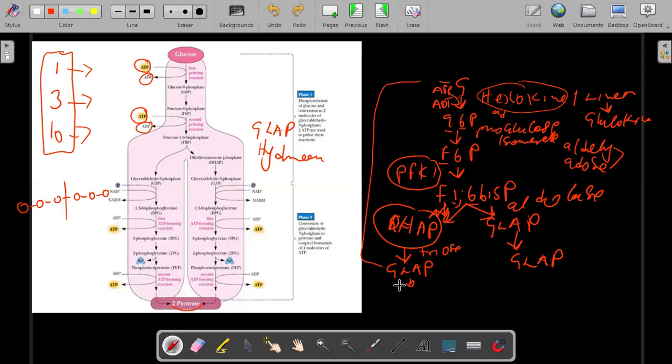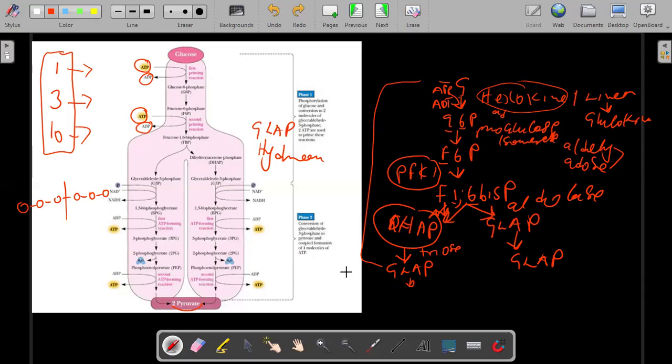The first step in the energy generating phase, which is step number 6 of glycolysis, is to convert glyceraldehyde phosphate to what we call 1,3-bisphosphoglycerate. Here it means that we add another phosphate group at position number 1.